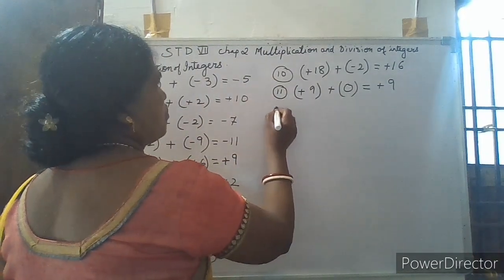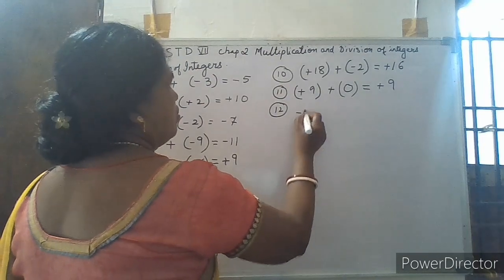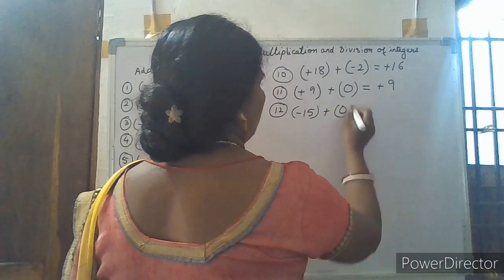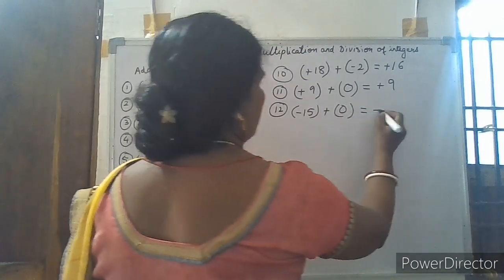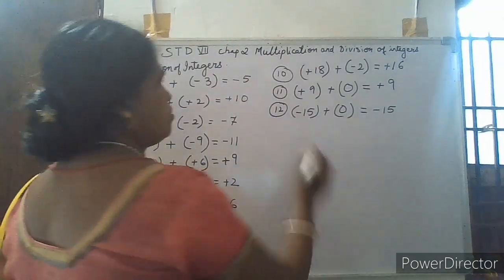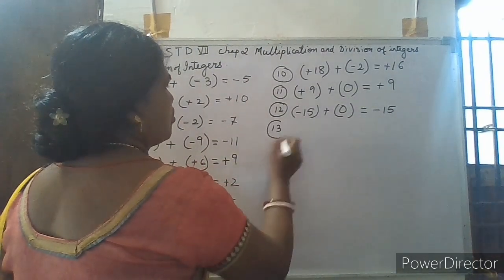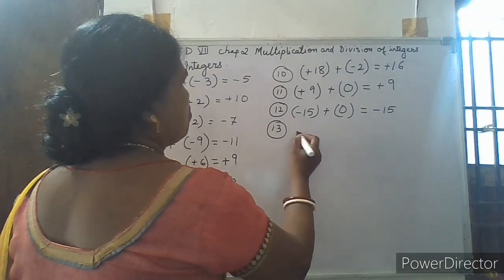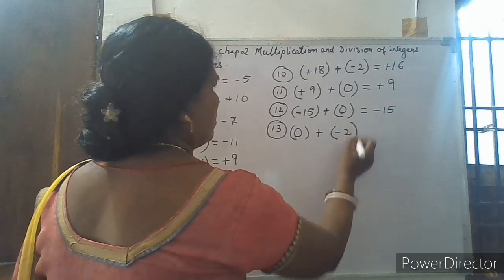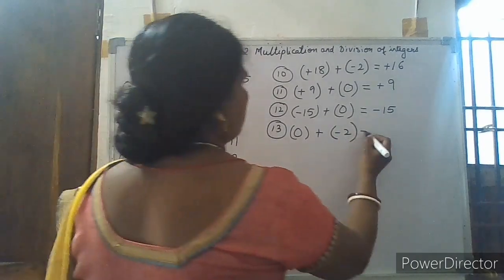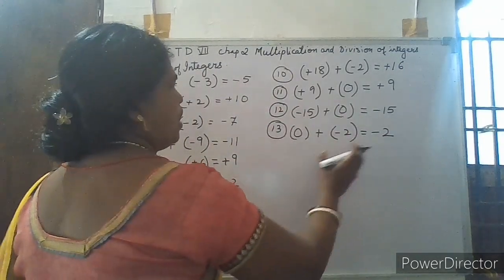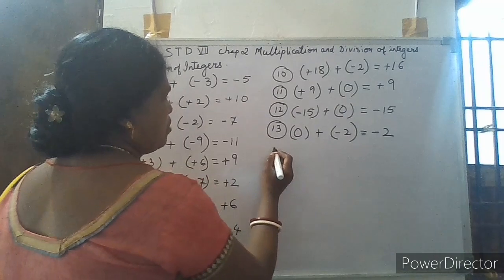And suppose minus 15 is given, plus here 0 is given, then also here it will be minus 15 only. Now 13th example, suppose 0 is given, plus here minus 2, then also it is equal to minus 2. With 0 we add, it will be the same integer.